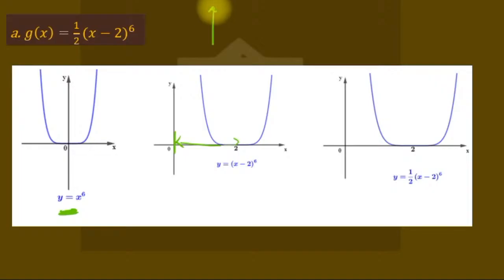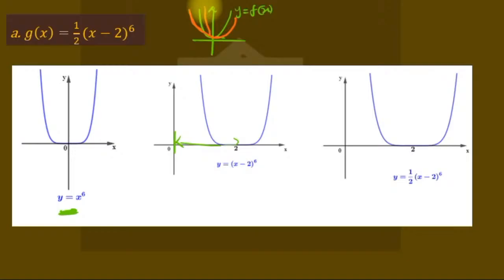Assuming you have a parent graph, y equal to f(x). If you now multiply by a constant, it does something to it. It either widens or comes closer to the y-axis.